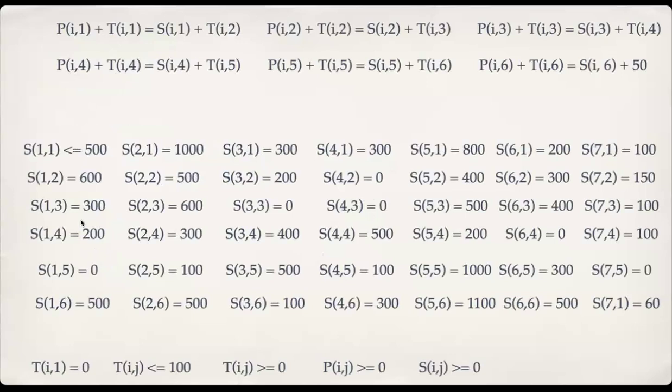Sorry, these constraints should be inequality constraints. The sell must be less than or equal to 500. Each one should be inequality, not equality constraint. Sorry about that. Let me correct it. Just one moment.